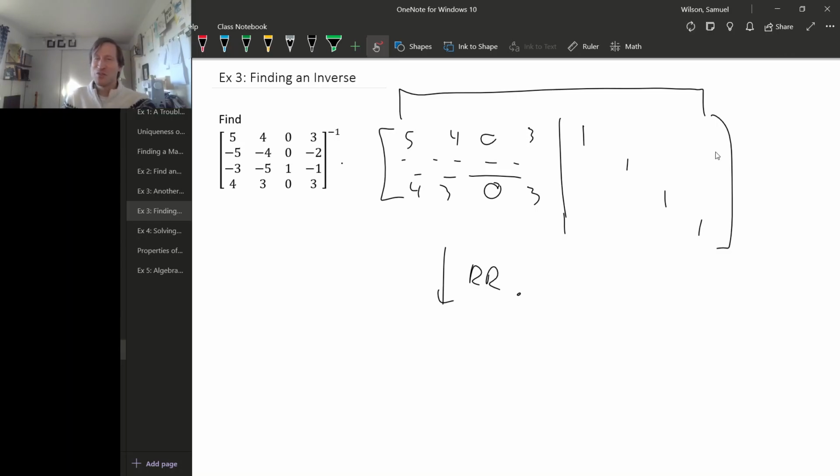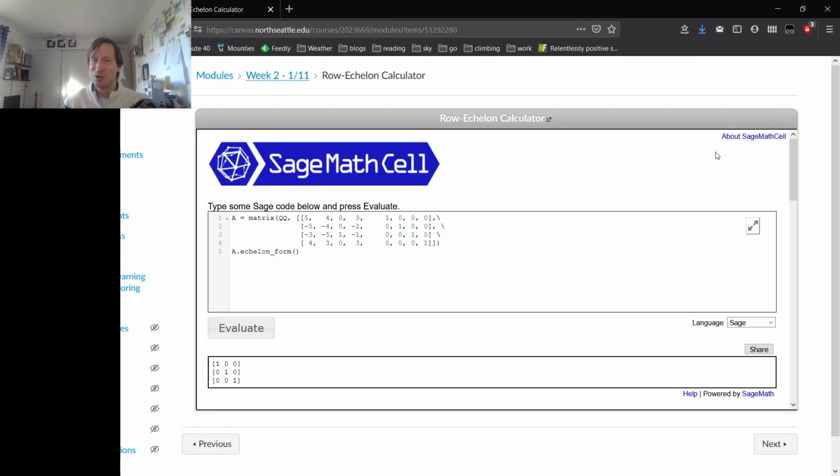I've sort of pre-staged Sage with the appropriate matrix. So notice how I did this here. When I entered this into Sage, the first row for the original matrix is here, and for the augmentation is over here. But as far as the matrix I'm entering into Sage, there is no distinction between the two parts of the matrix.